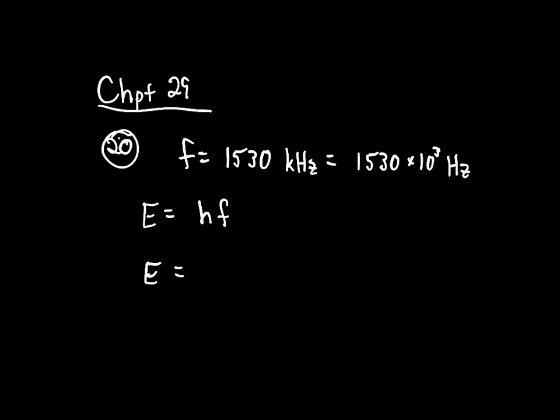Planck's constant. Just strap a Planck to her. So what is Planck's constant? 6.63 times 10 to the negative 34 joule-seconds. And then we multiply that by the 1530 times 10 to the third hertz.